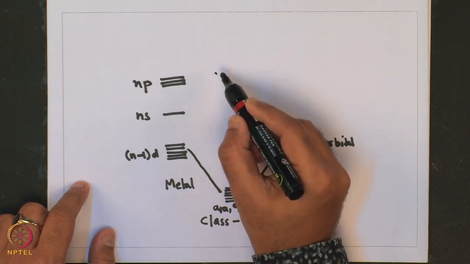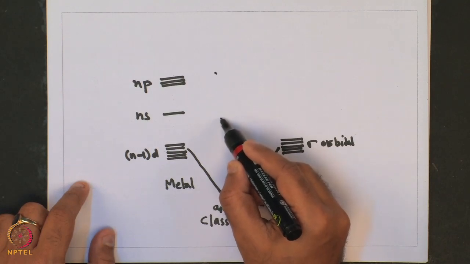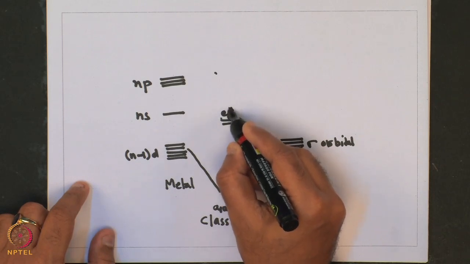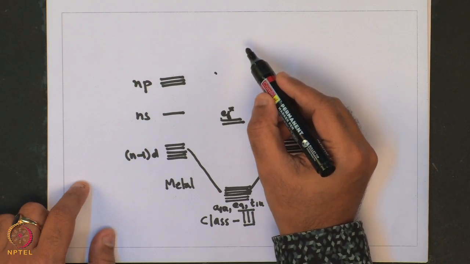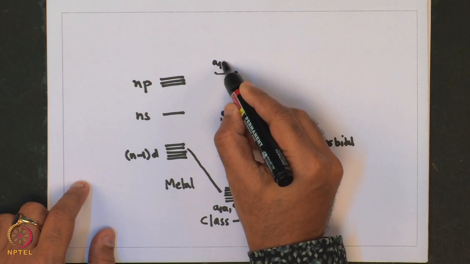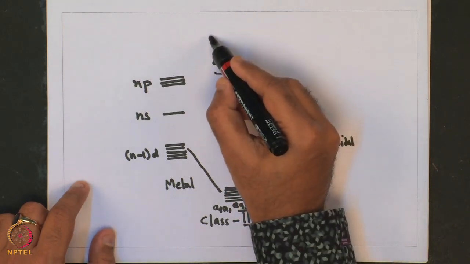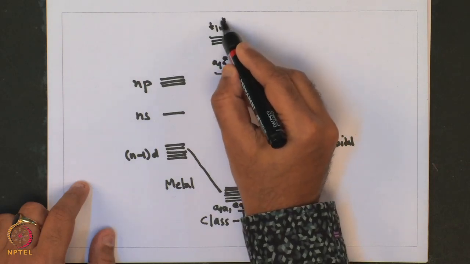And the 6 antibonding orbitals are Eg star, A1g star and T1u star.